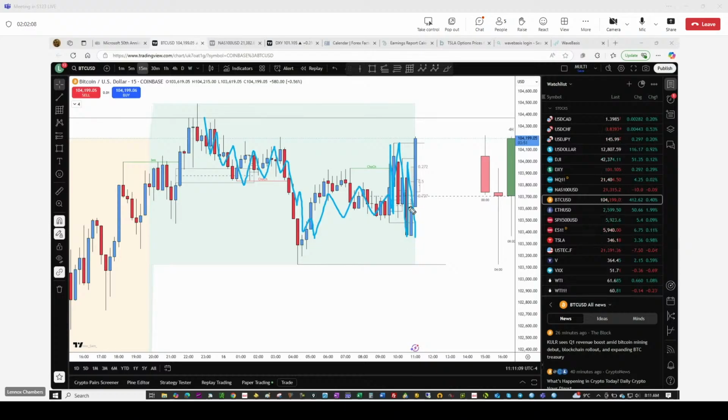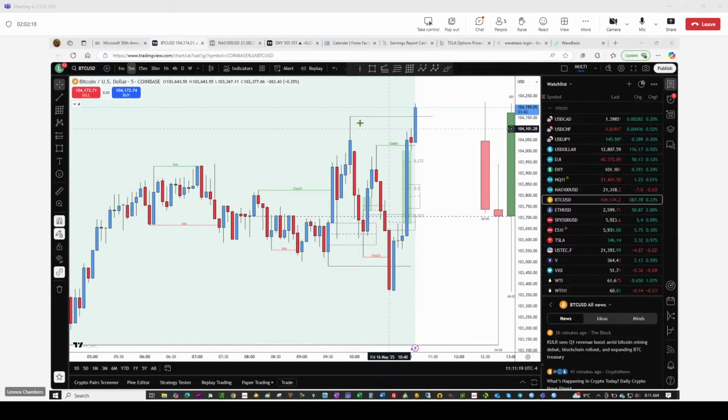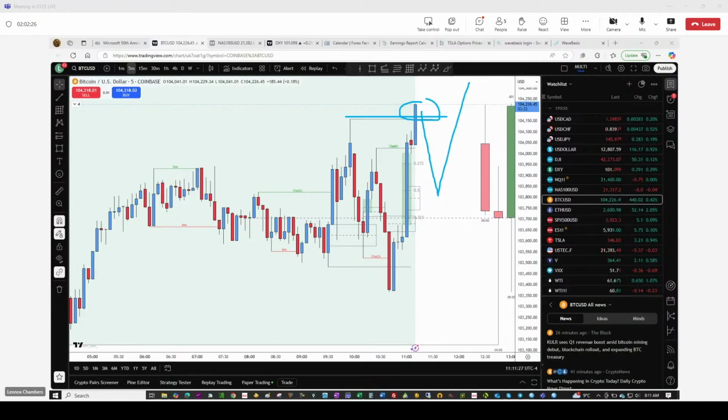So something is going on in here causing this violence. If we can see it settle down and give us our proper structure, now that we've broken the high, and if we can close above this high, then I'd look for a retrace back down to continue. Otherwise, it's just gone, right? And that's possible as well.